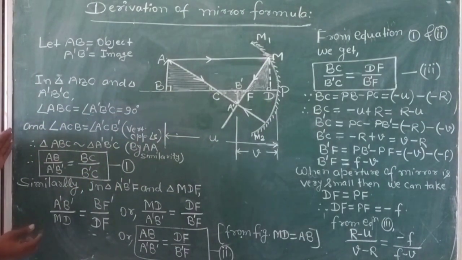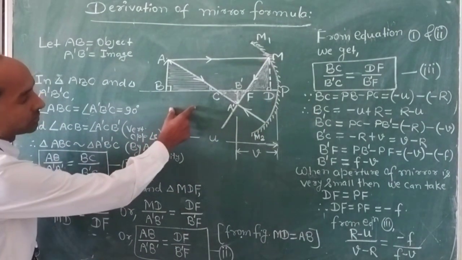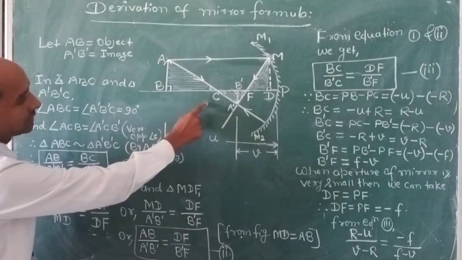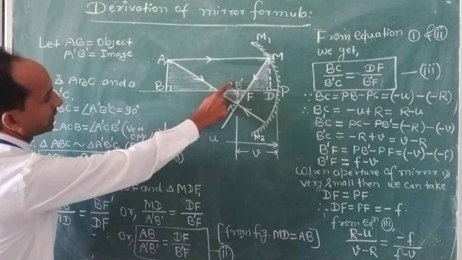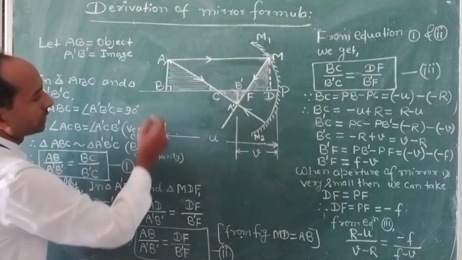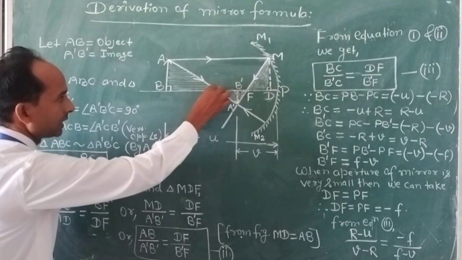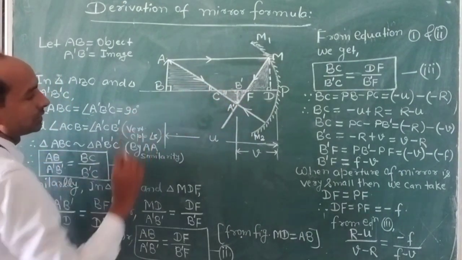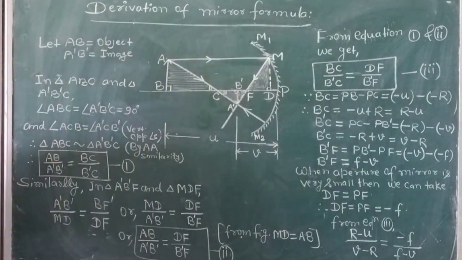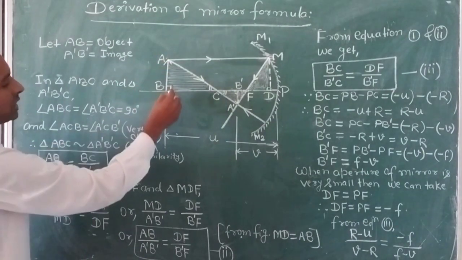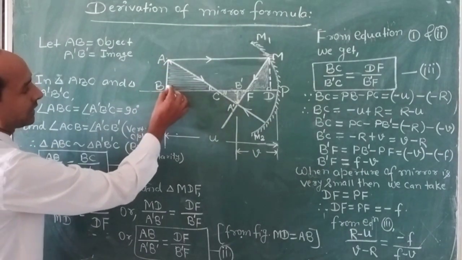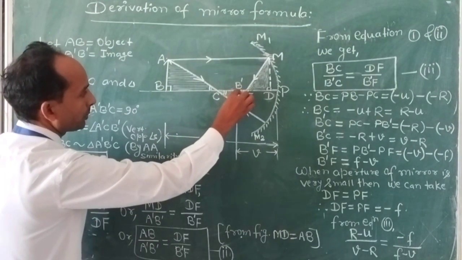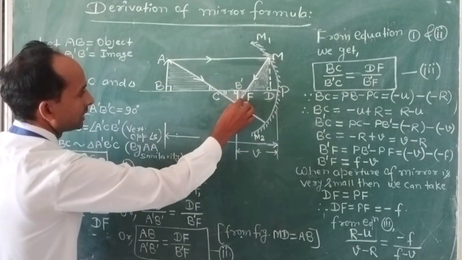Now we have taken the two triangles ABC and A dash B dash C. In these two triangles, this angle is equal to this angle because they are vertically opposite angles, and AB is perpendicular to the principal axis, and similarly A dash B dash is also perpendicular to the principal axis.